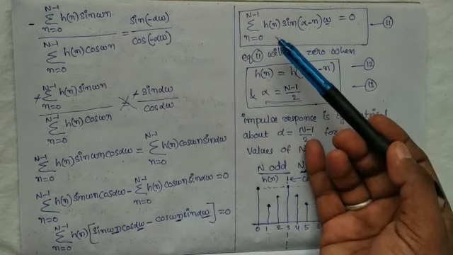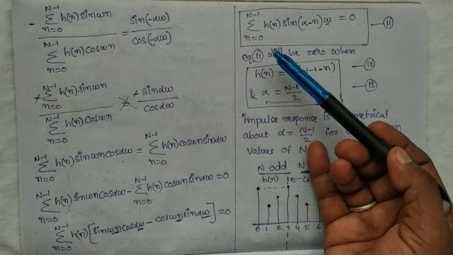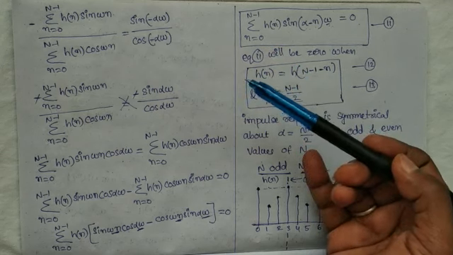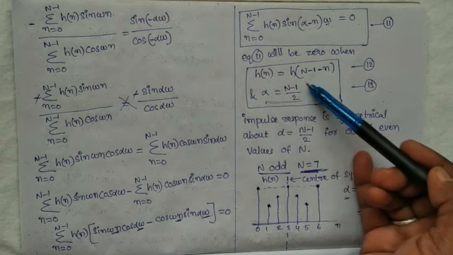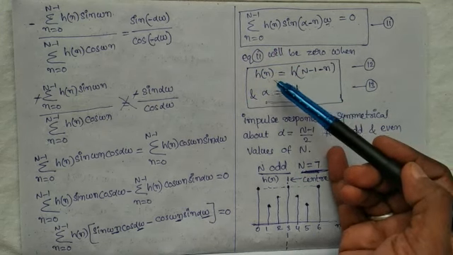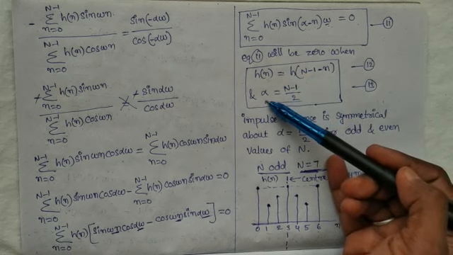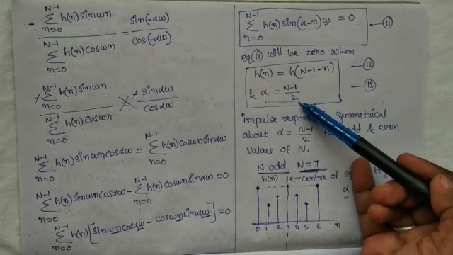For constant phase delay and constant group delay, the impulse response is symmetrical. This impulse response is symmetrical about alpha is equal to capital N minus 1 by 2.